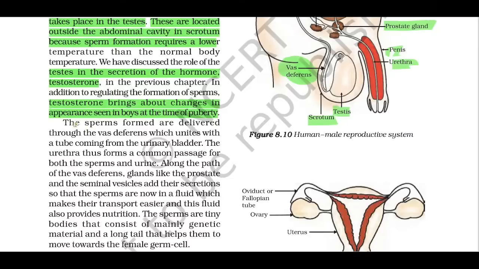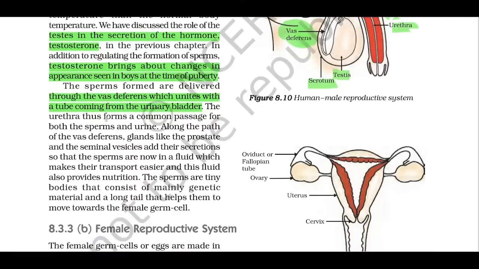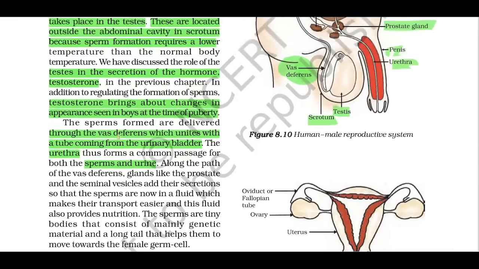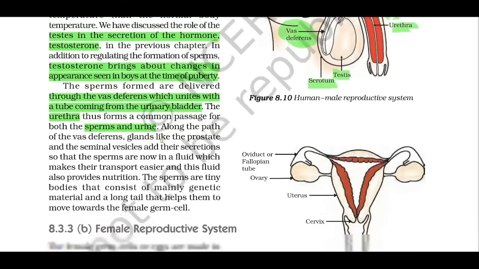The sperms which are produced by the testis are delivered to the what? Vas deferens, which unites with the tube coming from the urinary bladder. Therefore, the urethra forms a common passage for sperms and urine. Name the common passage for sperms and urine. It is urethra.